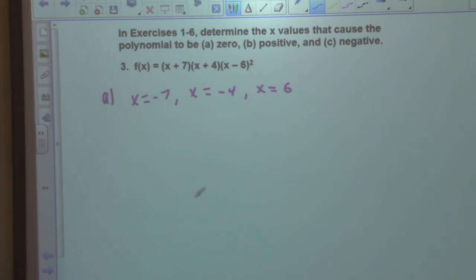And then b is negative infinity, negative 7, parentheses, and then the union thing, negative 1 to infinity. Okay. And then C is negative 7 and negative 1. Like that? Yeah. Okay.